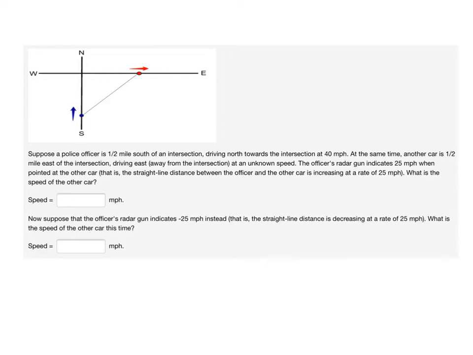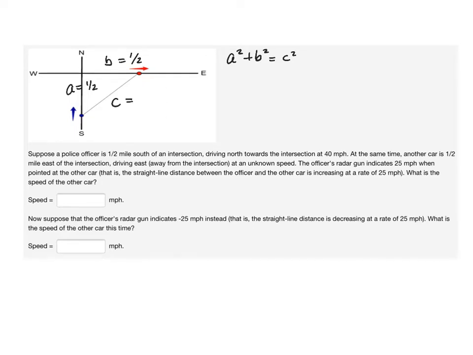This diagram's already built for us, so this screams Pythagoras, A, B, and C. So I know that A squared plus B squared is equal to C squared. They also tell us that A is 1/2 and B is 1/2. C I'm going to find right now, but I'm not going to put that in until after I've done derivatives.